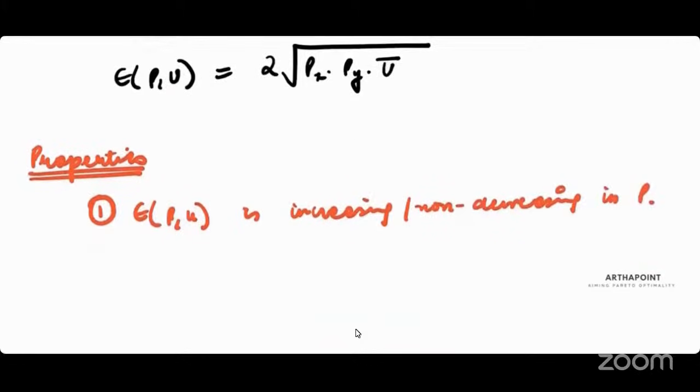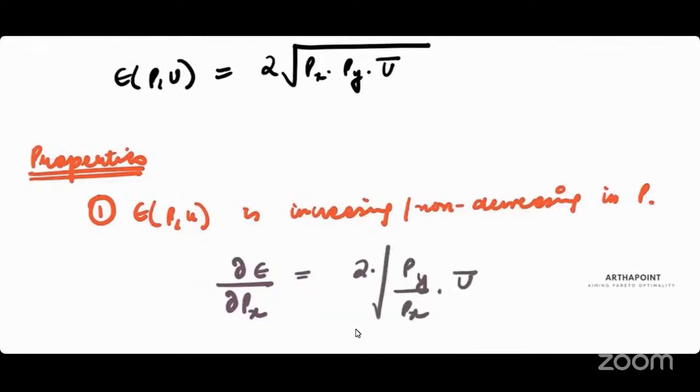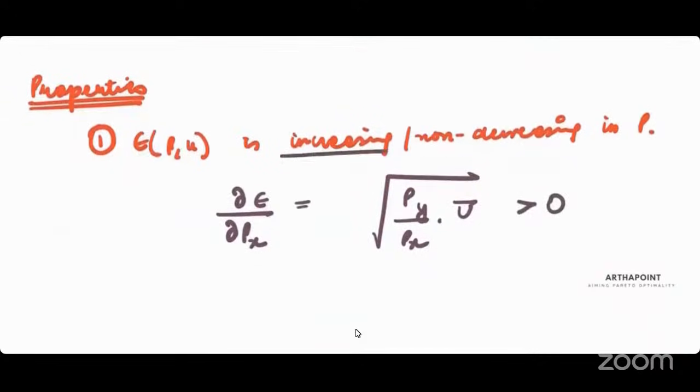And how do I show this? As I differentiate my expenditure with respect to Px, I have to see what is happening to my function. So, if I differentiate my function, I will get root of Py by Px times U bar, without the 2 actually. And because this is strictly greater than 0, it's an increasing function.